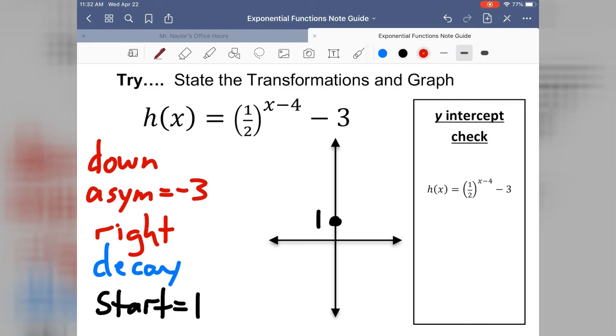It actually shifts to the right 4, and then it continues to shift down 3. You have to do some careful counting, don't you? So where am I at? If I started at 1, I went to the right 4 and down 3. You should be concluding that you're at 4, negative 2.